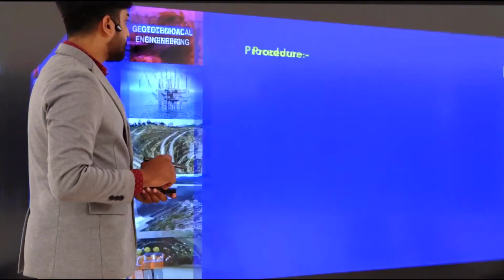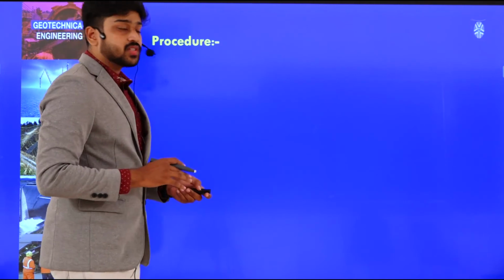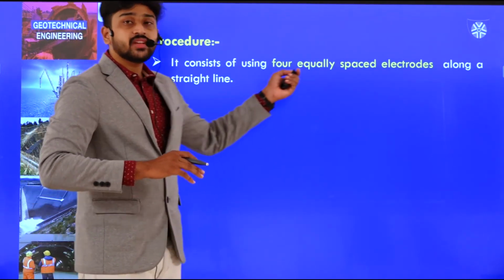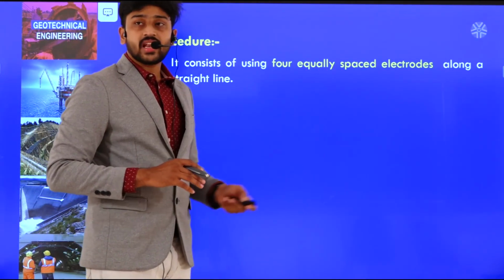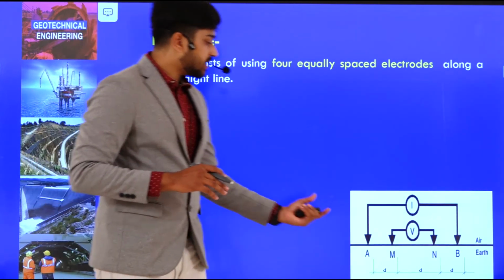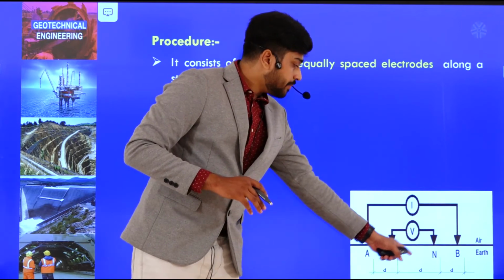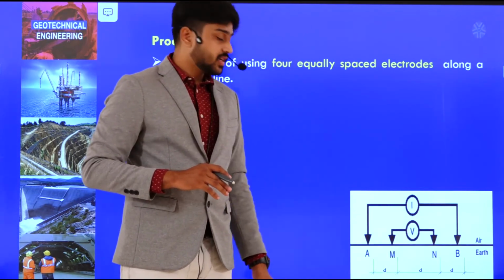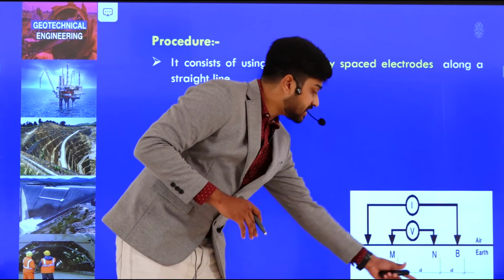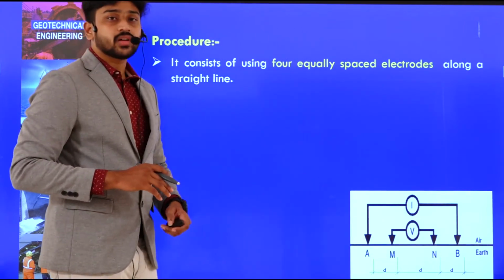Now let us try to understand the procedure. As I have stated, we will be using 4 equally spaced electrodes. If you look at this diagram, we are placing 4 equally spaced electrodes, that is A, M, N and B, each at a distance d on the ground surface.